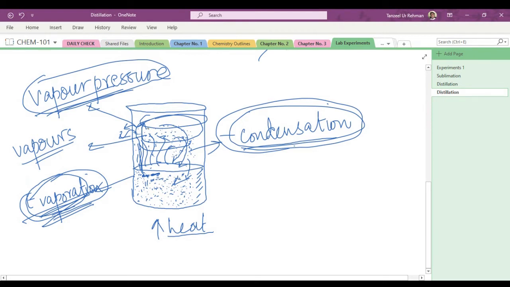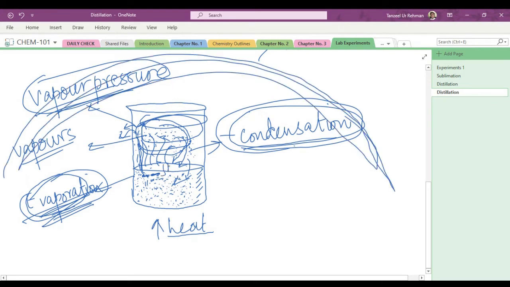Now, when this vapor pressure becomes equal to the external pressure or atmospheric pressure, then liquid starts boiling. Then this water starts boiling.